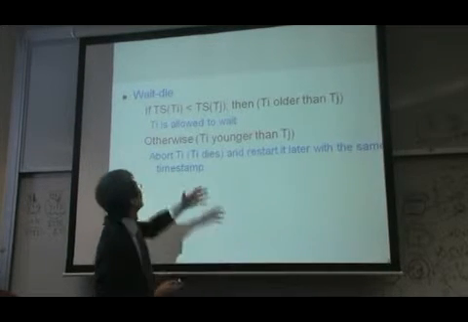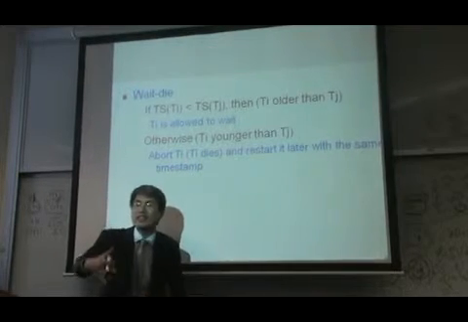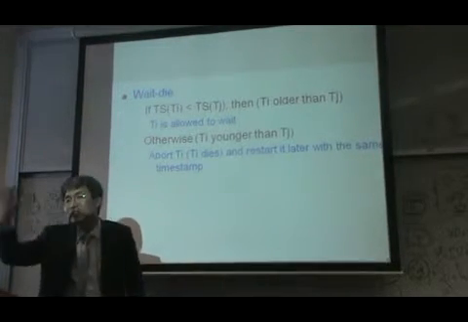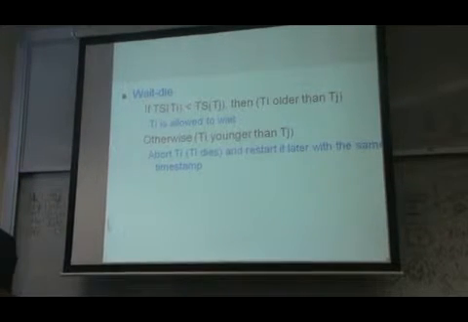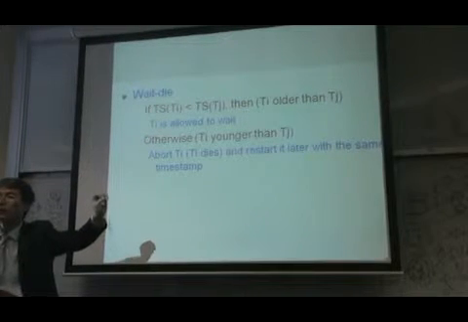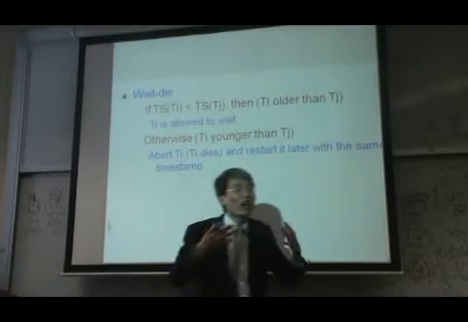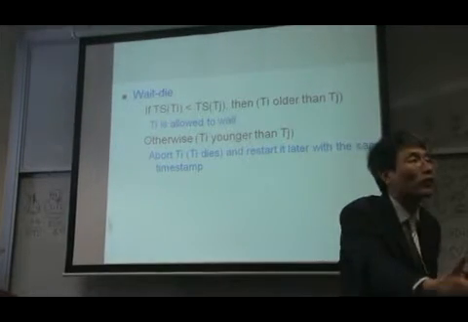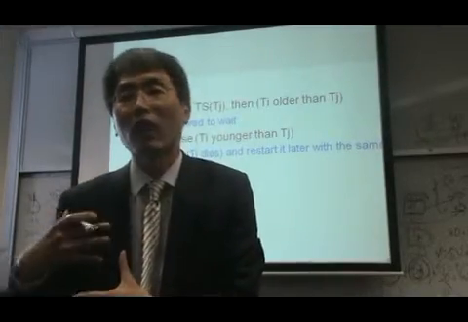Okay? Otherwise, if the TI already requests, then TJ requests the same item. However, TI is younger. It started later. You don't have a chance to wait because only one of them will wait. In this case, it's serial. TI started first and requested first. So if that is done, then TJ will get the lock.